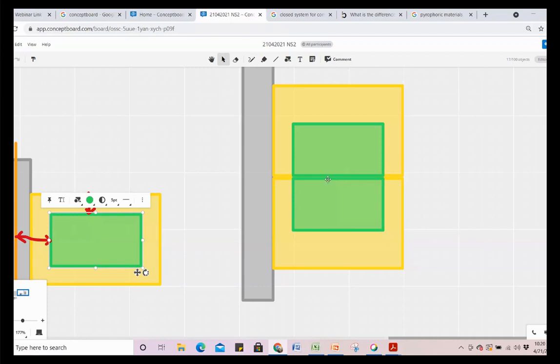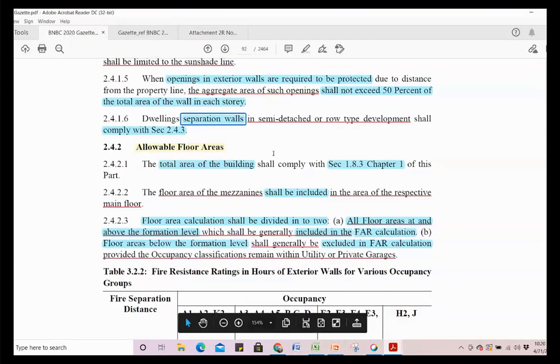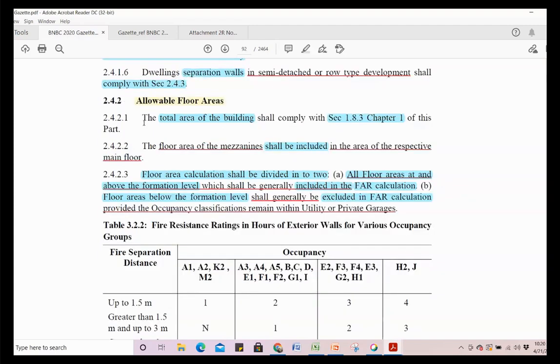When it happens, the code says that the separation wall will comply with the guidelines of section 2.4.3. So it must be taken care of. In a row type, the walls will be shared on two sides rather than one side.